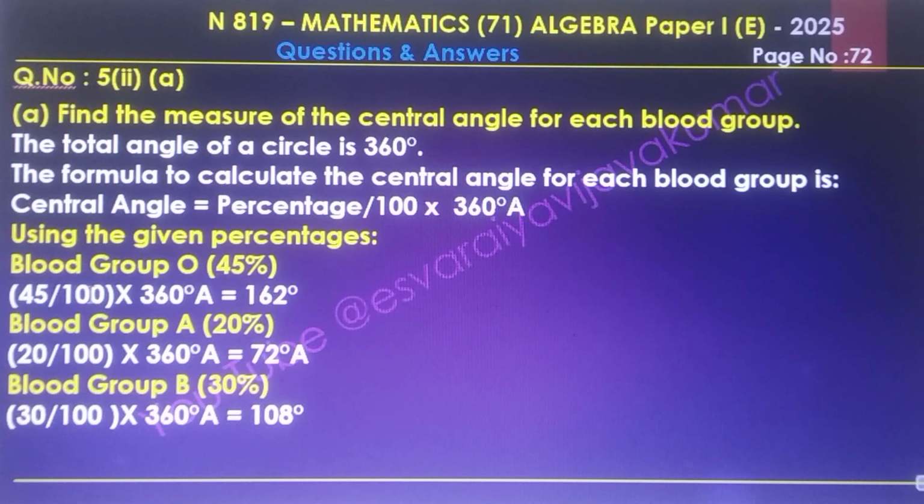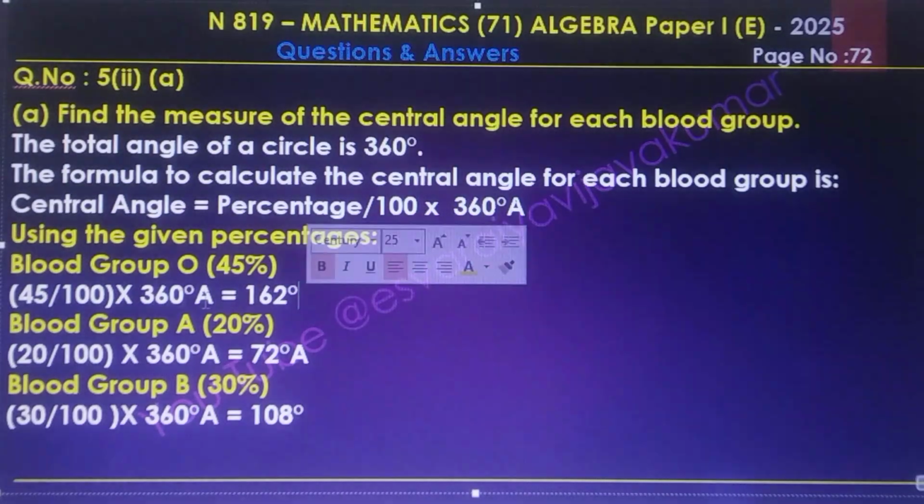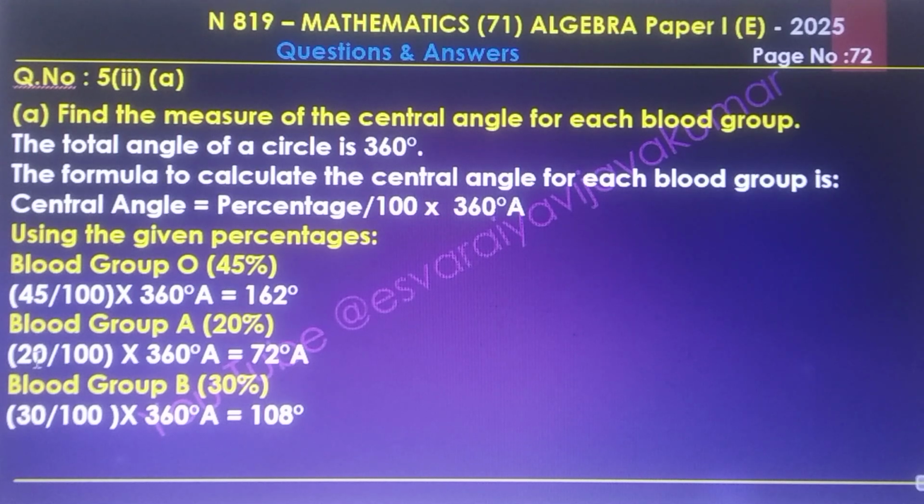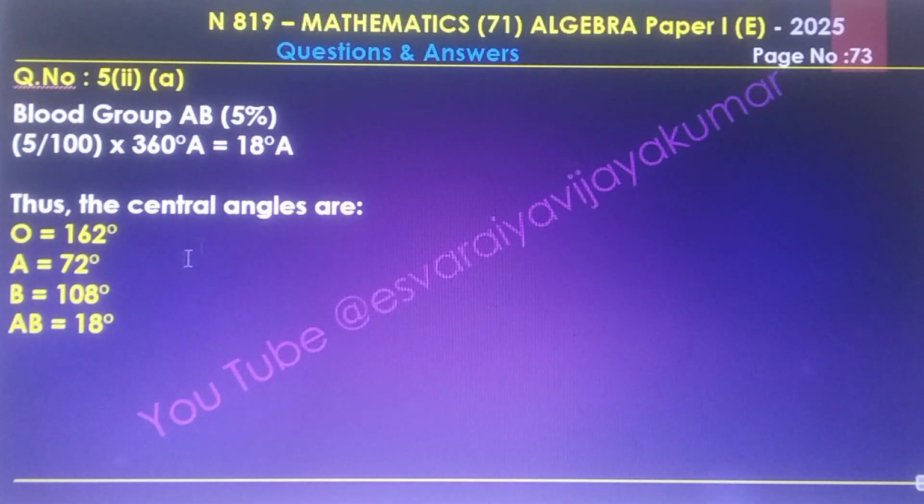Using the given percentages, blood group O is 45%, so we get 162 degrees. Blood group A is 20%, so 20 upon 100 into 360 gives 72, and B at 30% gives 108. In the same way, O is 162, A is 72, B is 108, and AB equals 18.